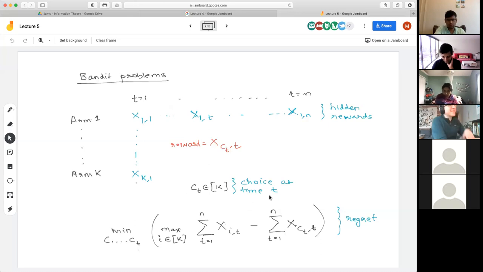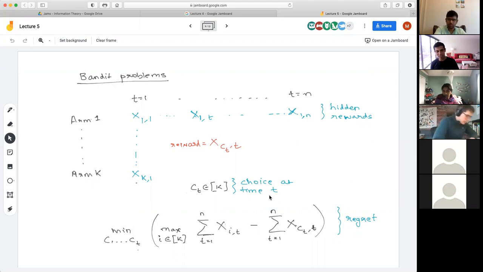So each machine has some reward at any given time, and then maybe you play for a while. At every point in time, all of the machines have different rewards, which I will denote by x11 to xk1.